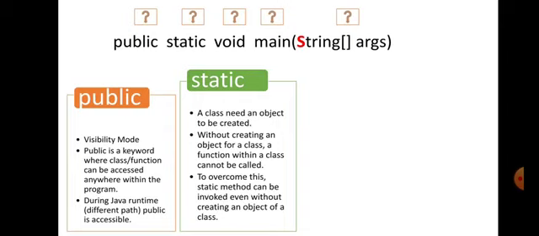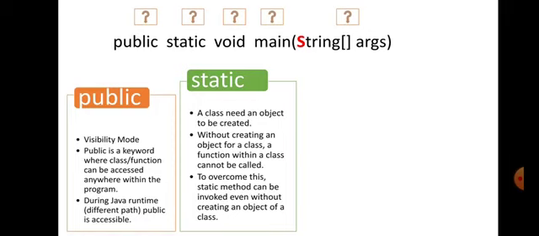Now what is the drawback, children? Since main is the first function to be called, you do not have time to create an instance, to create an object for that particular function. So even without creating an object, if you have static, it is possible.